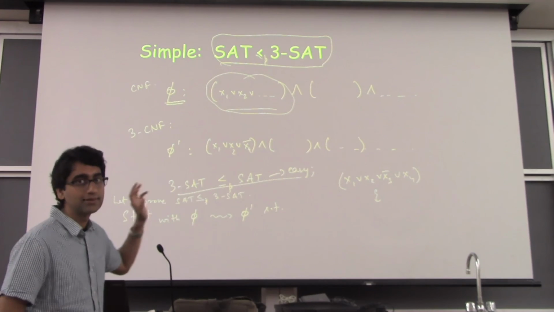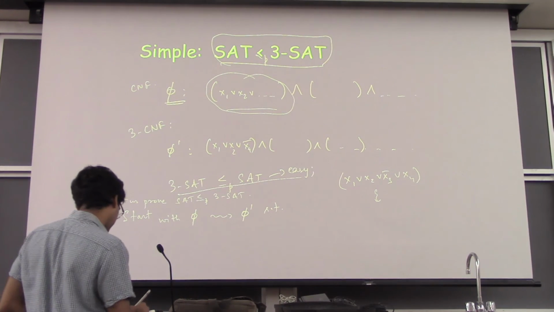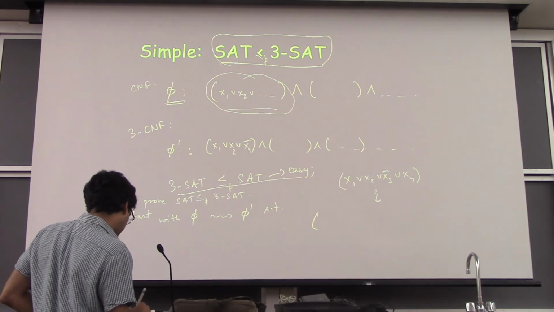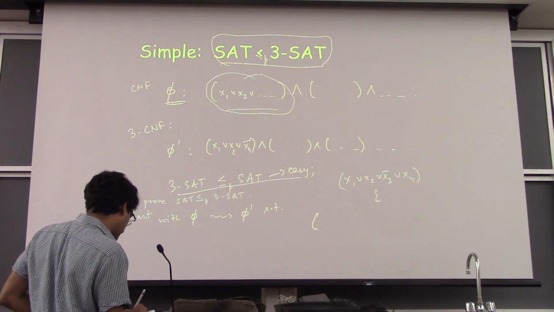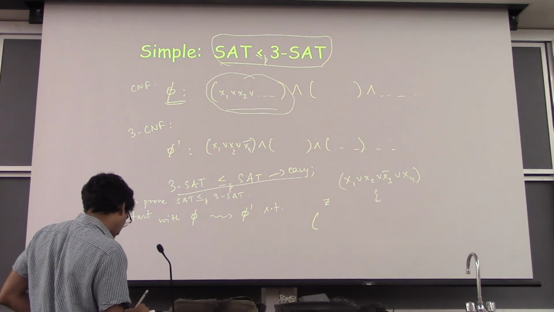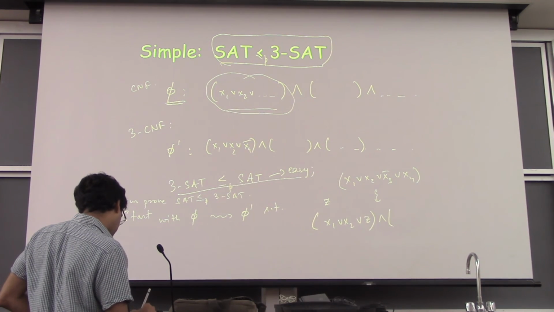So it turns out there's a trick to it. Let me write down a formula, and you can verify why these two are equal. Let me introduce a new variable z, and I'm going to look at these two things: x1 or x2 or z, and z bar or x3 bar or x4.